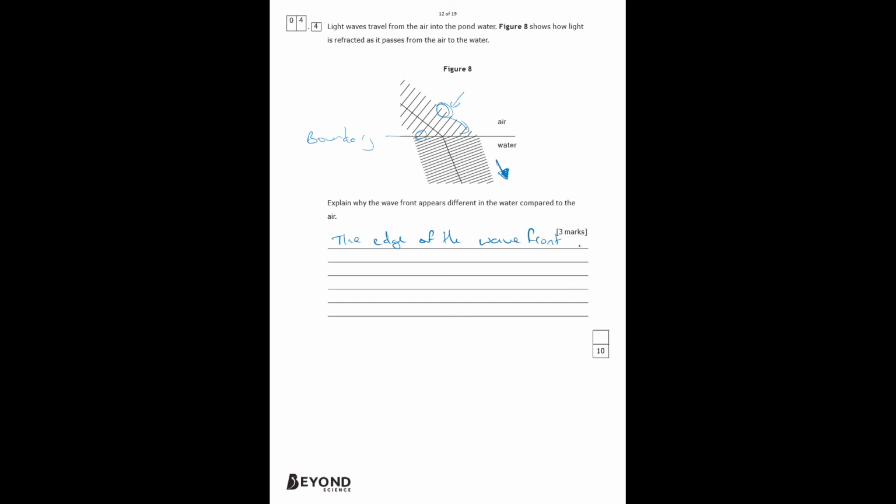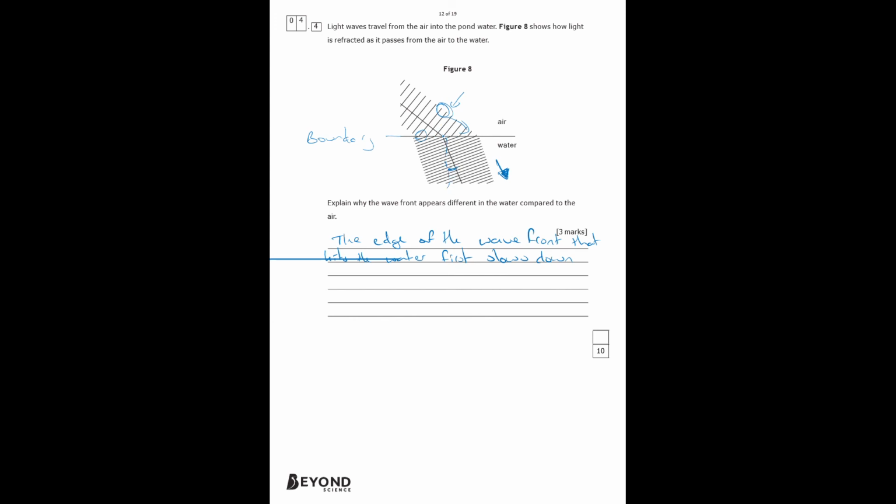The edge of the wavefront that hits the water first slows down because light waves travel more slowly in water than air.